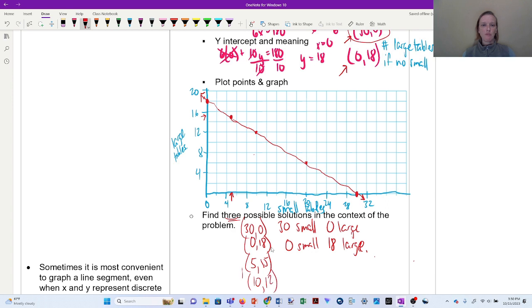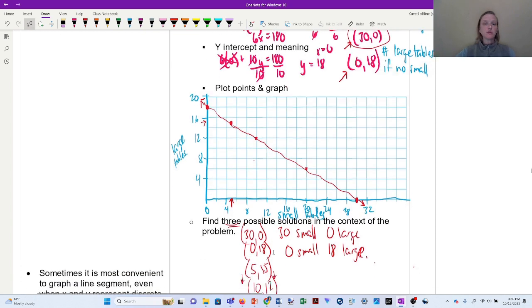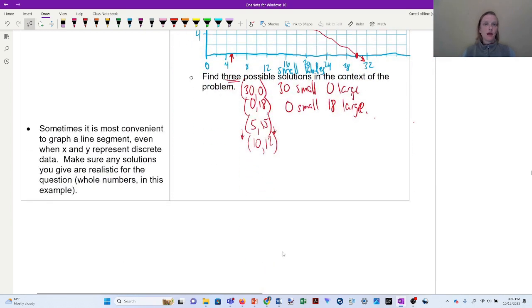Again, I'm going up by 5 in my small tables and down by 3 with my large tables. I could have another point at 15 and 9, at 20 and 6, at 25 and 3, or at 30 and 0, which we already have written up here.